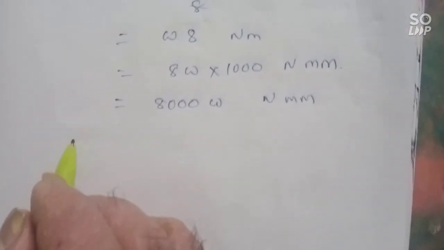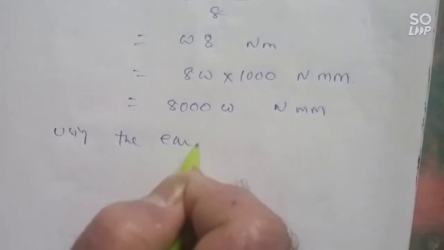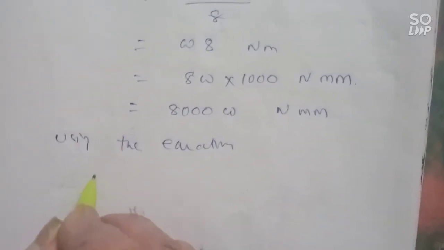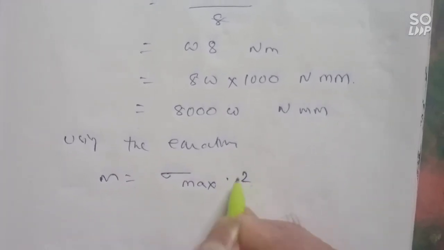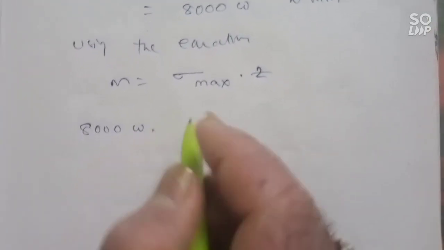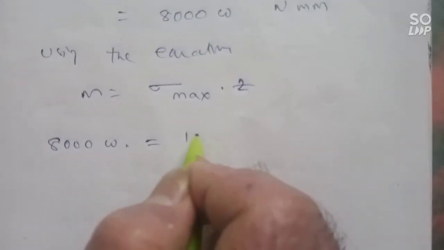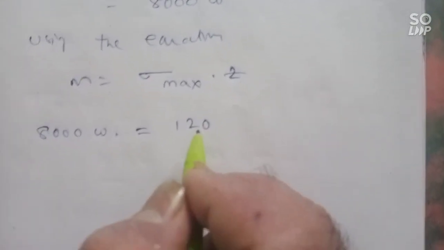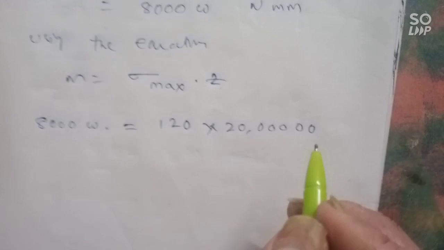Okay, now using the equation M equal to sigma maximum into Z, here M is given, that is 8,000 into W, is equal to sigma maximum, which was given as 120, into 20 lakhs.